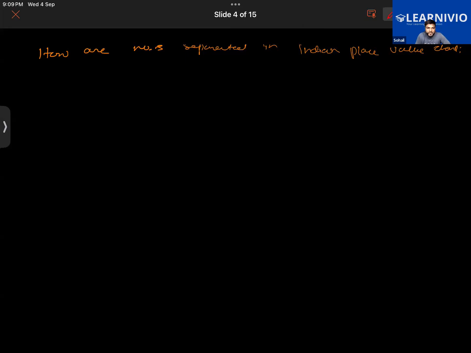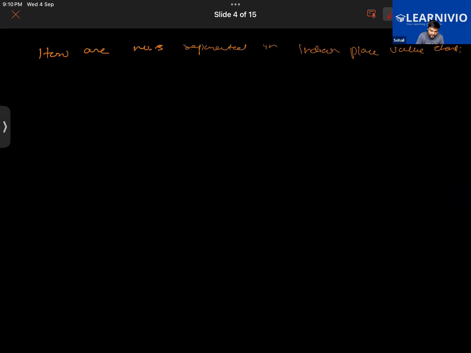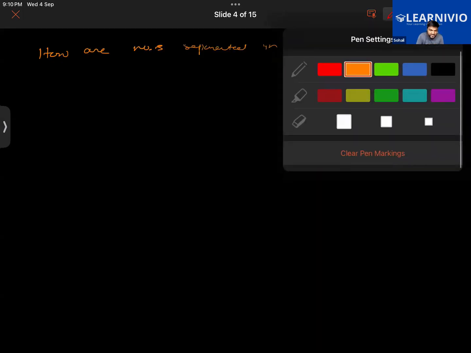According to the Indian place value system, we will be using a comma after every period. Wherever a period ends, a comma will be put there, like here, here, and here. What do I mean to say? Let us take some examples here.